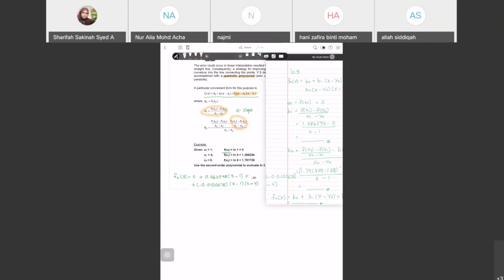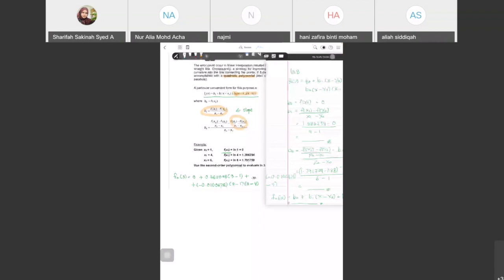Then finally you get your final answer. So what is f2? 0.9443316. Okay, so that is your answer. Hopefully all of you get the same answer.